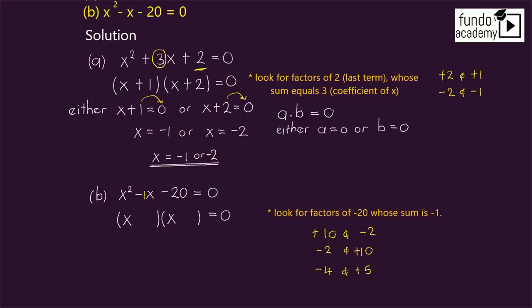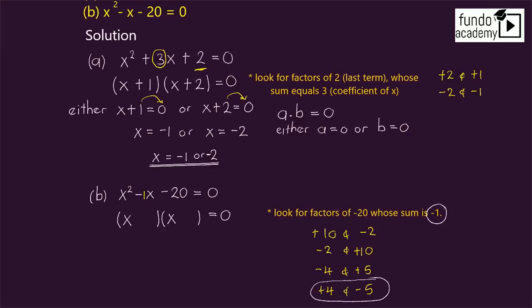These are also factors of -20, or +4 and -5. So all these here are pairs of factors of -20. But the one which will give us a sum of -1 is this pair of factors.